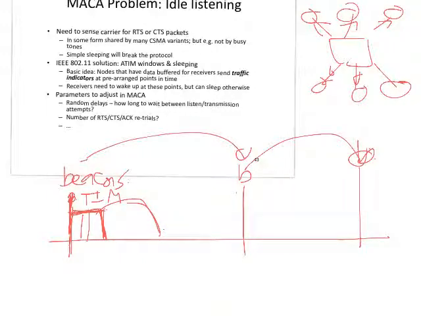If the access point has some data for these nodes, it announces this during the traffic indicator map. This traffic indicator map tells these nodes when they should expect their data. In which case, each node will know or will estimate its own active period here.